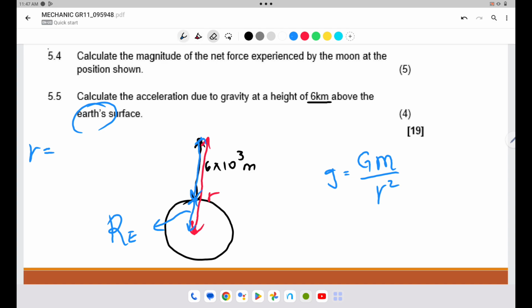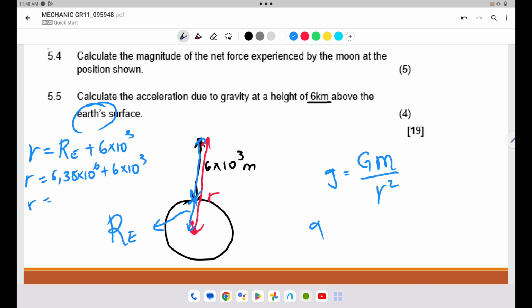So it tells us that r will be the radius of Earth plus 6 times 10 to the power of 3. That will be 6.38 times 10 to the power of 6 plus 6 times 10 to the power of 3. This should help us to find r.